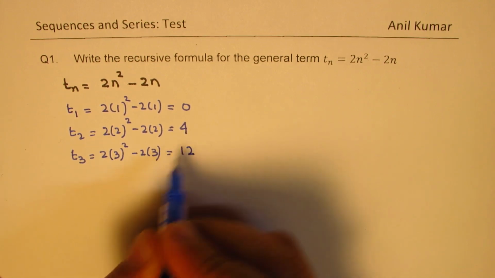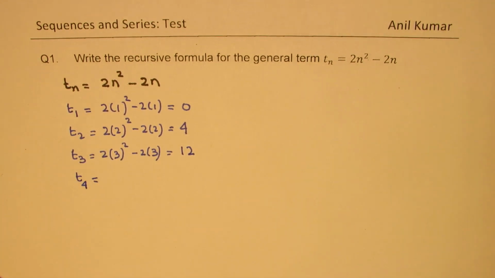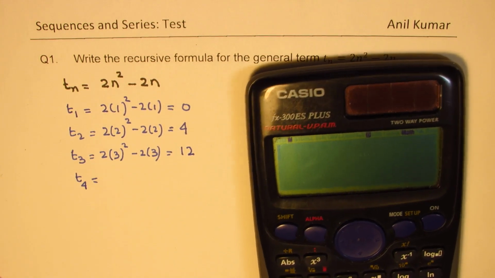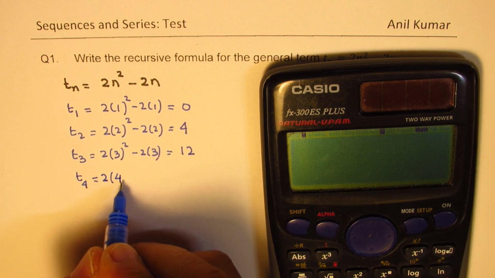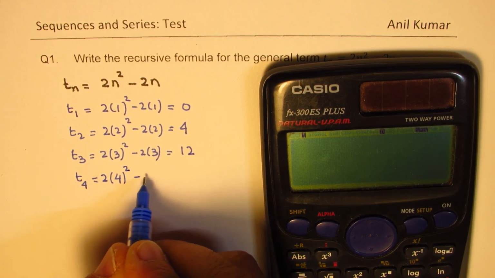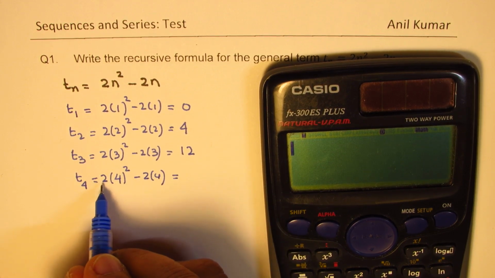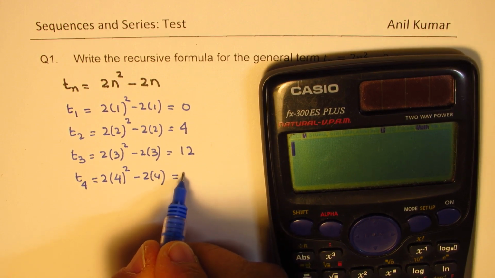Well, you can always use a calculator in this test paper, right? So remember, the calculator is allowed, so you can definitely use a calculator, correct? But wherever possible, you may avoid it, right? So n is 4 for us now, so we have 4 here. 16 times 2 is 32, and we'll take away 8, so it leaves us with 24, right?